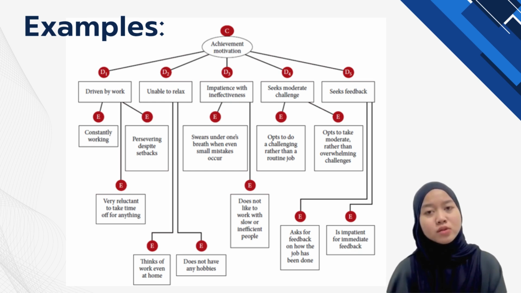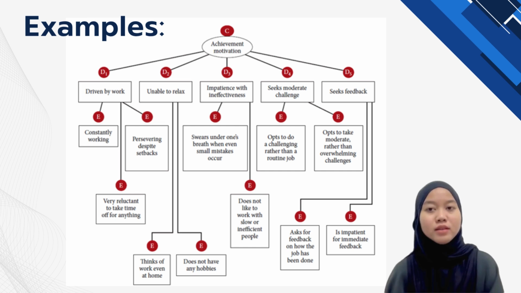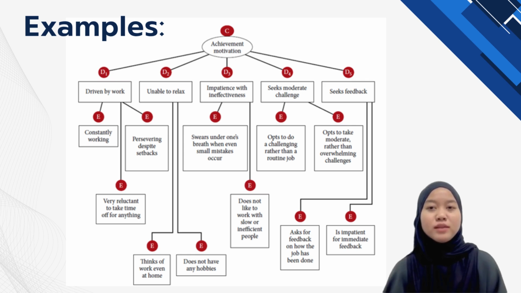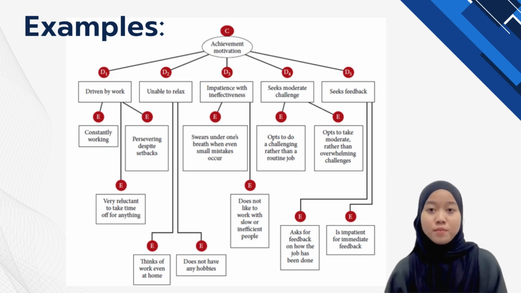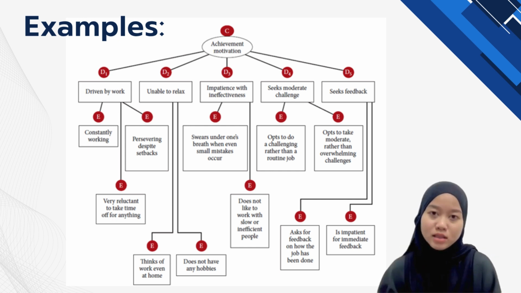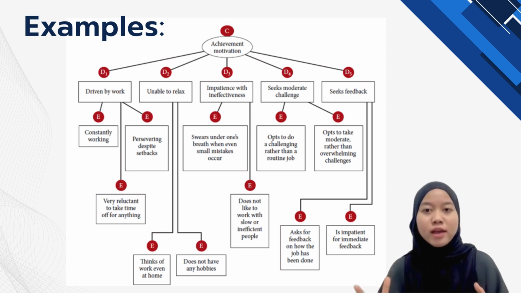Disliking slow peers, leading to micromanagement, for example a software lead reassigning tasks from slower teammates. Then, having no hobbies, seeing leisure as unproductive, for instance a lawyer who proudly claims, I don't have time for hobbies. So why does this matter? This intense drive risks chronic stress and strained relationships.